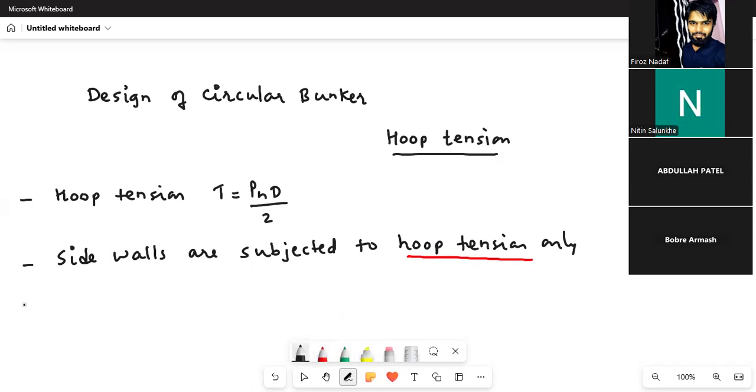Here also we need to provide the distribution steel, and the distribution steel will be in vertical direction. How we have provided distribution steel in the square bunker, in the same fashion, here also distribution steel has to be provided.